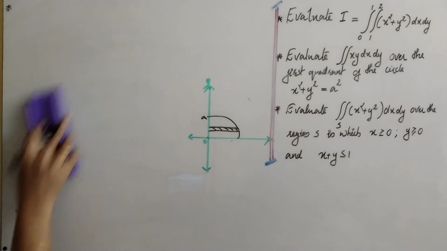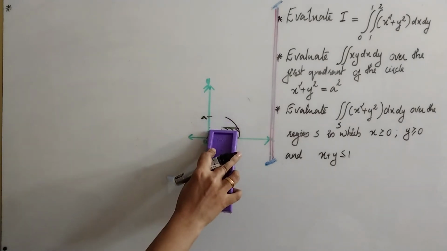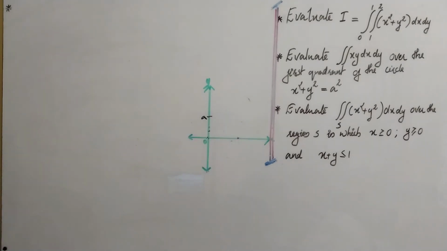Now consider the third problem. Evaluate the double integral of x square plus y square dx dy over the region S in which x is greater than or equal to 0, y is greater than or equal to 0, and x plus y is less than or equal to 1.